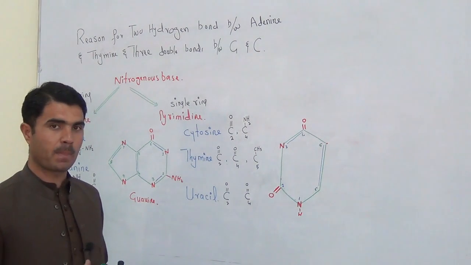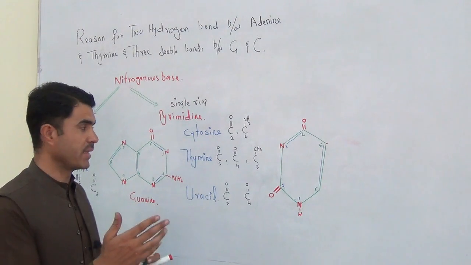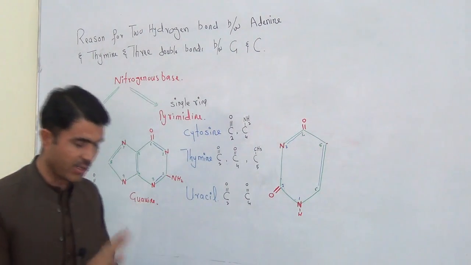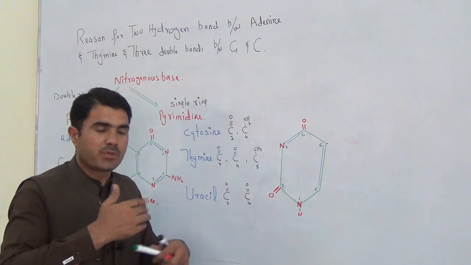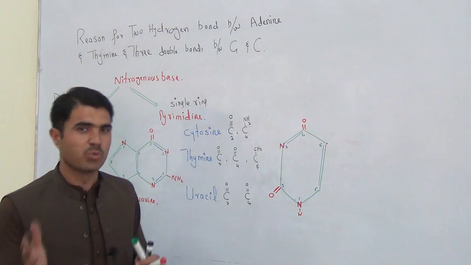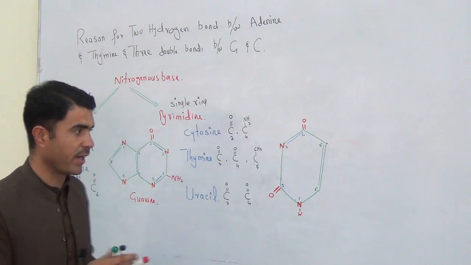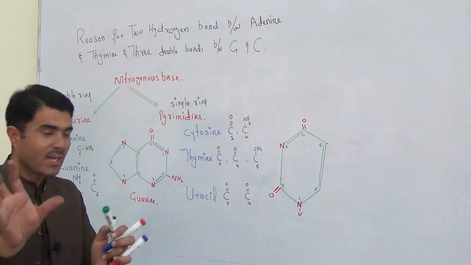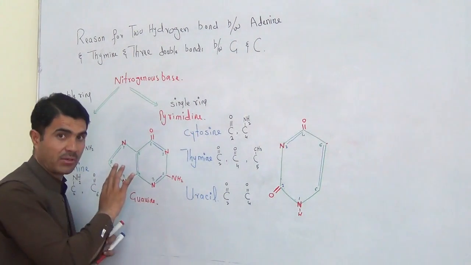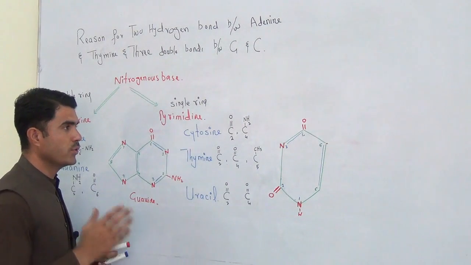And now here comes the most important question that students usually seek at the master level: why are there two hydrogen bonds between adenine and thymine, and three hydrogen bonds between guanine and cytosine? When we proceed further in our lecture and I discuss DNA with you, you will find that one nitrogenous base is attached with another nitrogenous base.